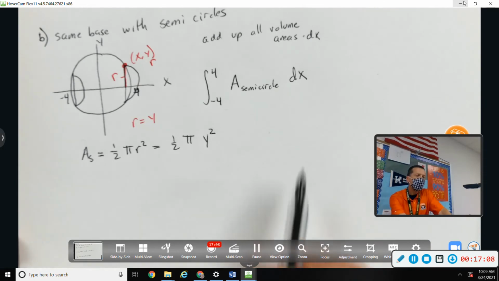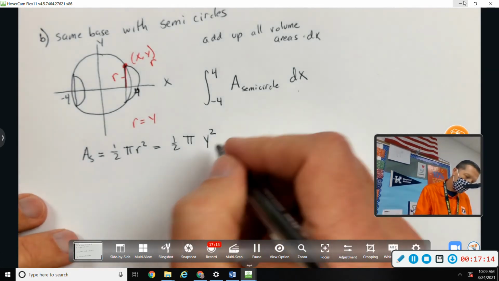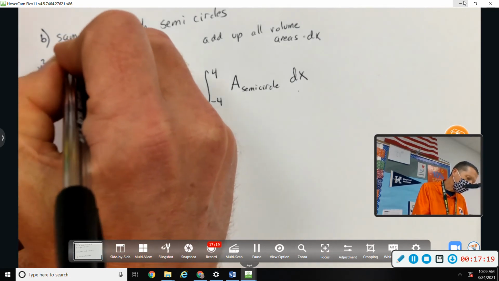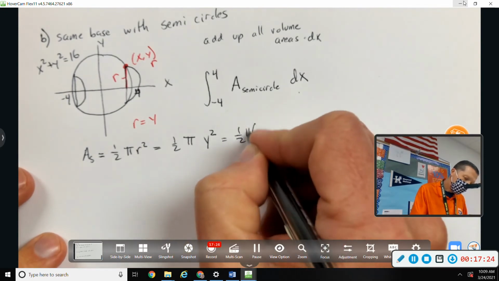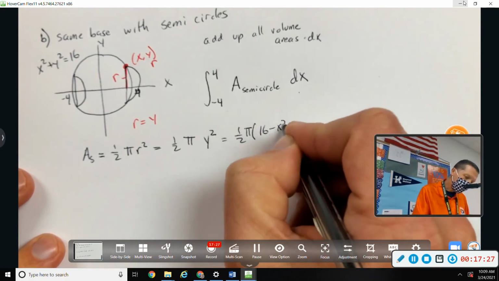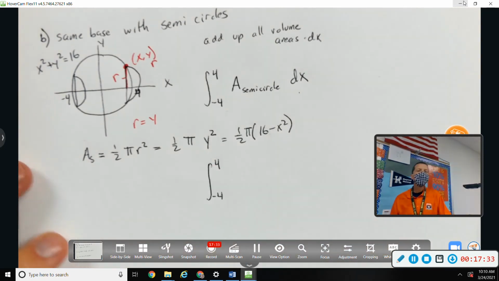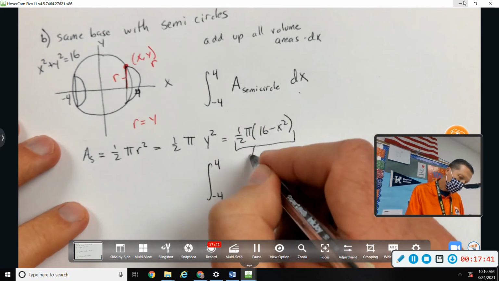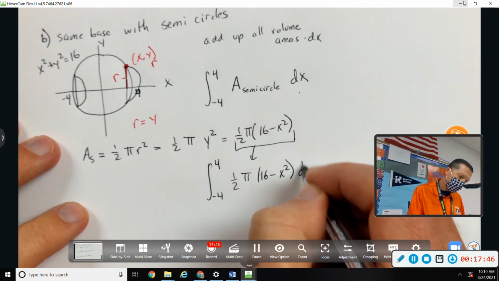That's better, but I need everything in terms of x so that I can put it in the calculator and integrate. But y squared, let's see, this was x squared plus y squared equals 16. So y squared was 16 minus x squared. So from -4 to 4, the area of the semicircle is 1/2 pi times 16 minus x squared dx.